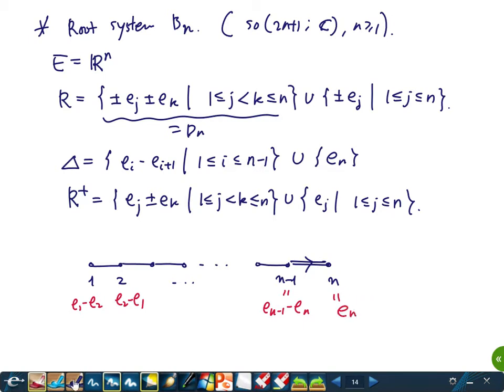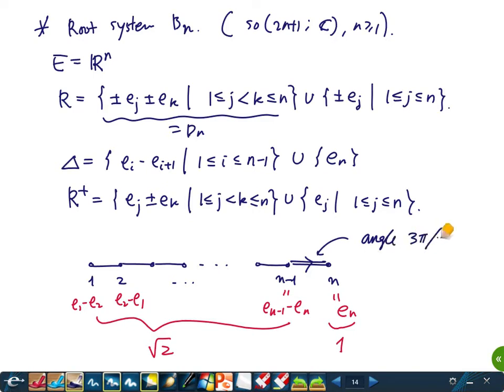And notice, what is the length of each of these? Square root of 2, using just the usual inner product. So the length of this is 1. So they have different lengths. And here the angle is 3π/4.